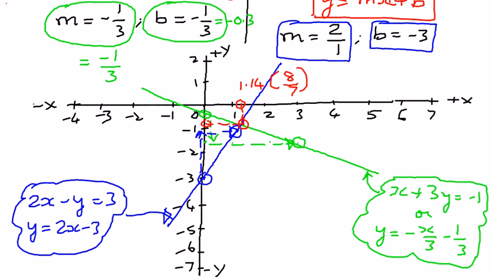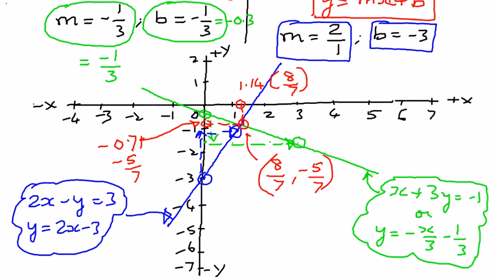And then on the y-axis, this point could be -0.71, or it could be -5/7. Therefore, the point of intersection, this point here, can be represented as 8/7, comma -5/7. The x ordinate is 8/7 and the y ordinate is -5/7.